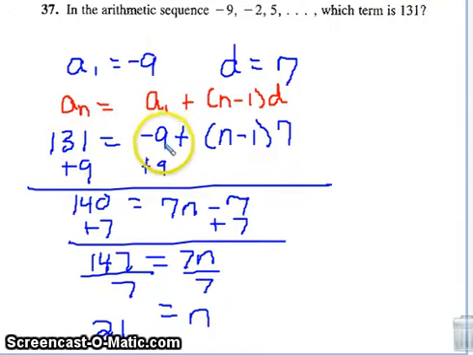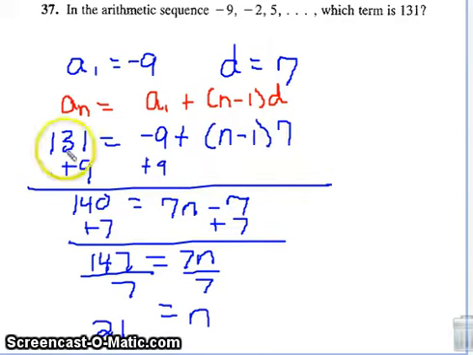And then I plugged in my a1, my first term, -9. I'm looking to figure out what term it is, the number of the term. So n has to be my variable that I'm solving for, Jacob. So I leave n minus 1, and then I know my common difference is 7.